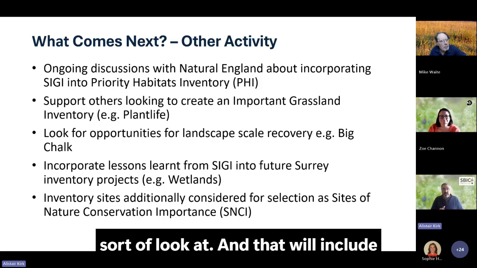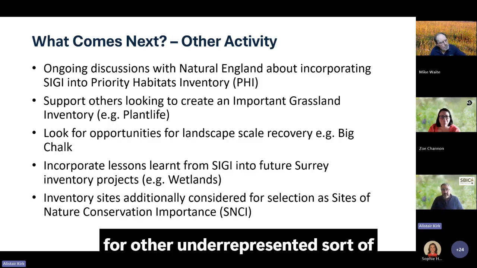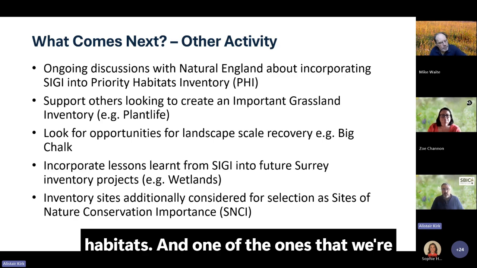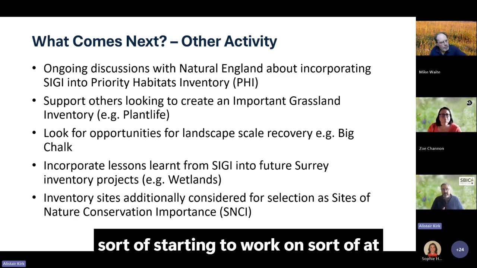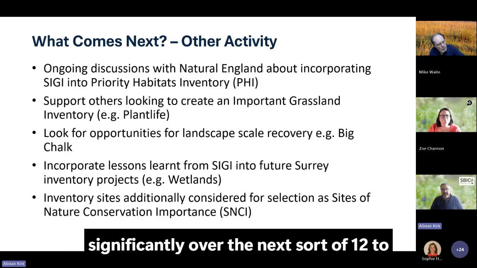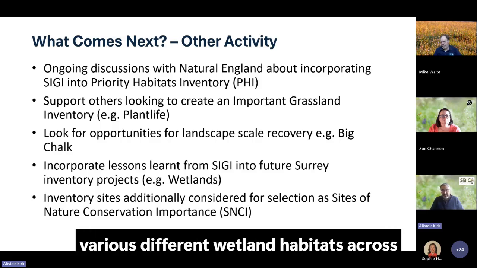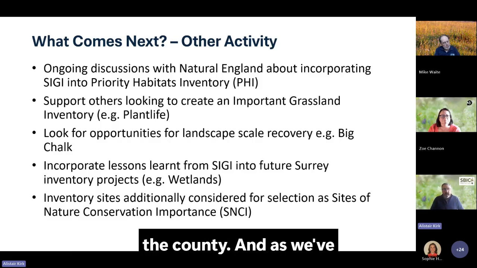That will include additional inventories for other underrepresented habitats. One of the ones we're starting to work on at the moment, and will be working on significantly over the next 12 to 18 months, is looking at various different wetland habitats across the county.